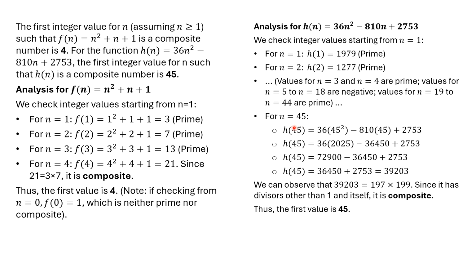And then if you do 45, and I'm just showing the computations here, you don't need to study these, the final number that you get when you plug in 45 is 39,203, but you can write that as 197 times 199. So that's the first positive composite number you get out of the equation, but you kind of stop generating primes at n equals 5. It's just that you're getting negative numbers.